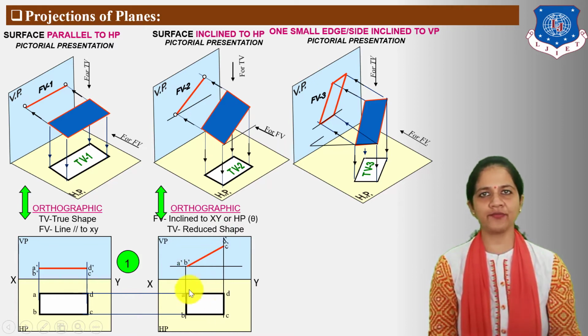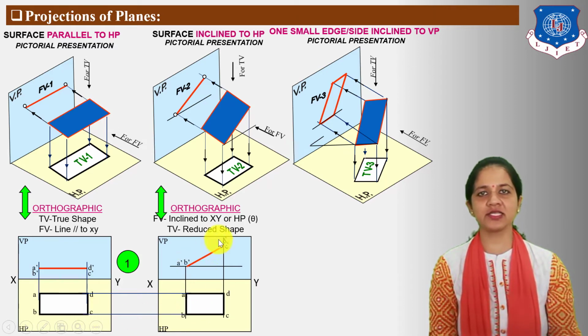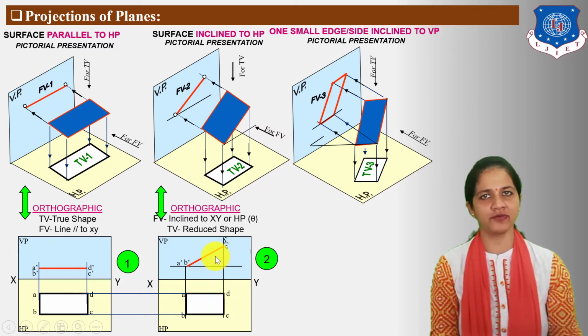But in orthographic drawing, this reduced shape will be projected from the first stage true shape and second stage inclined line. So this is the top view and front view of the second case or second stage.